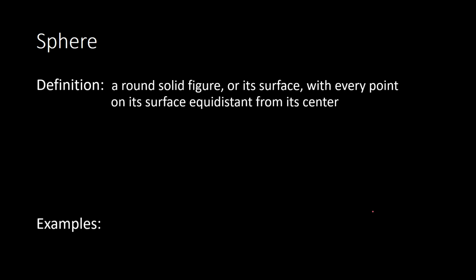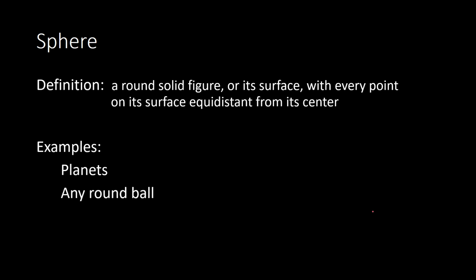So an example of a sphere would be the planets, like Mercury, Venus, Earth, Mars, etc. And I guess technically, those planets are not completely spherical, but for all intents and purposes, we can consider those as spheres. Or another example would be any round ball, whether it be a basketball, soccer ball, baseball, ping pong ball. Any sort of round ball would be an example of a sphere.